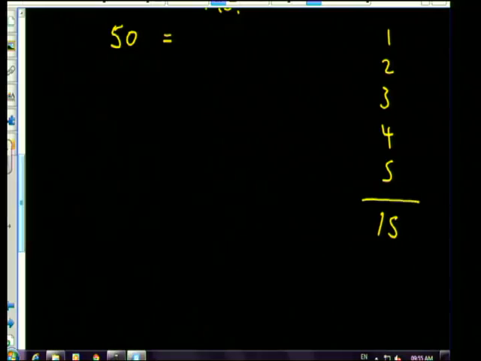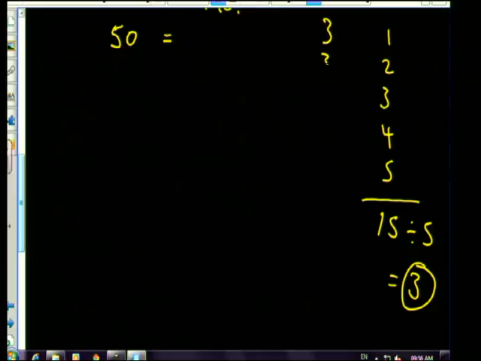So that's the total. Divide that by 5 kids. My average for my class is 3. In other words, if I were to give every kid in that class 1 mark to symbolize the average, I could say every kid got 3. 3, 3, 3, 3.